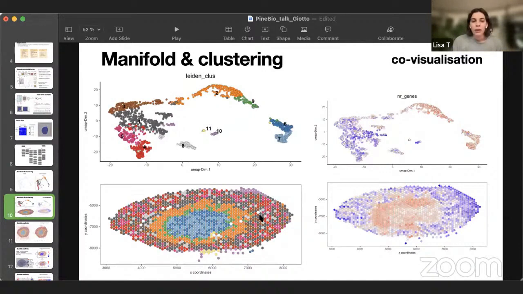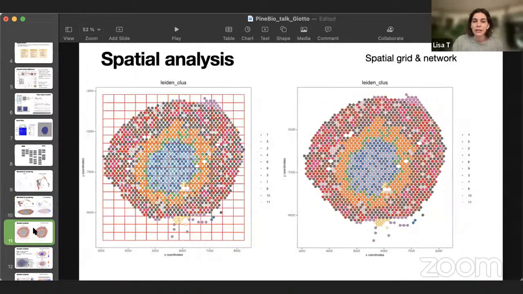What we can see here is, for example, we can plot how many genes are expressed by which part of our tissue, and we see that the medulla is expressing a lot more transcripts than the cortex. So the first step in spatial analysis is to build a spatial grid or network that will allow us to calculate the relationships between these parts.